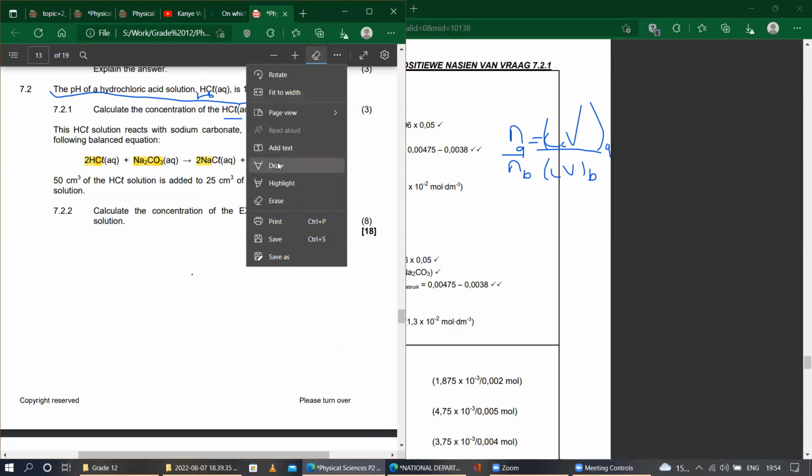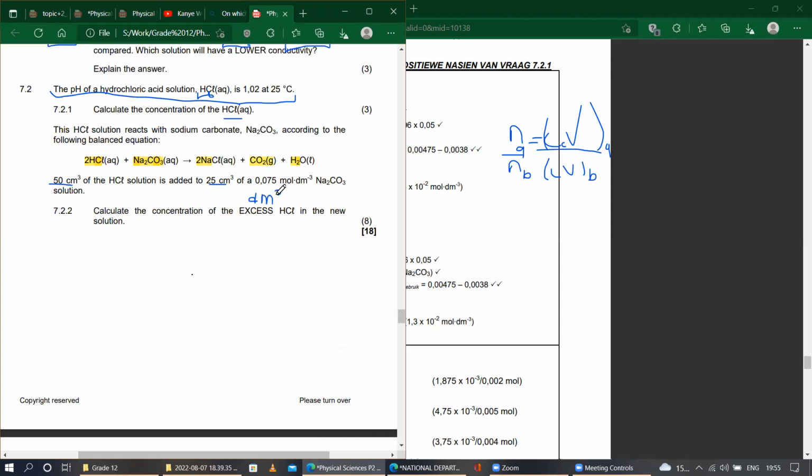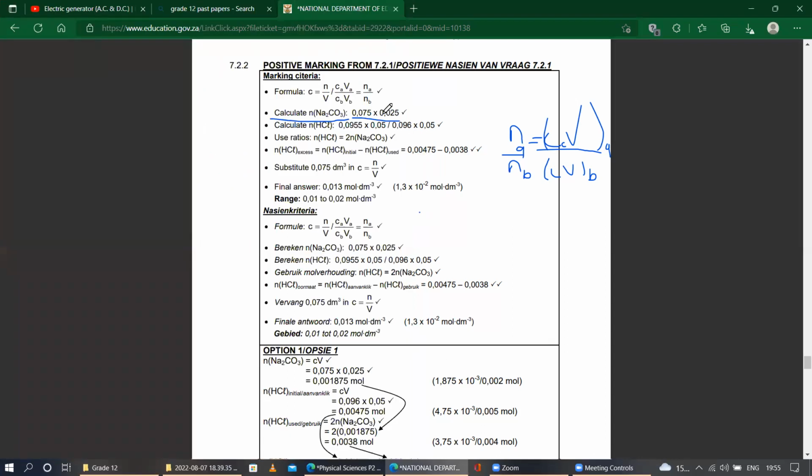The thing here is, you're going to have to convert this and this to decicubic meters, the SI unit of volume. After that conversion, you're going to have 0.025 and 0.05 as your volumes, and not 25 cubic meters or 50 cubic meters.